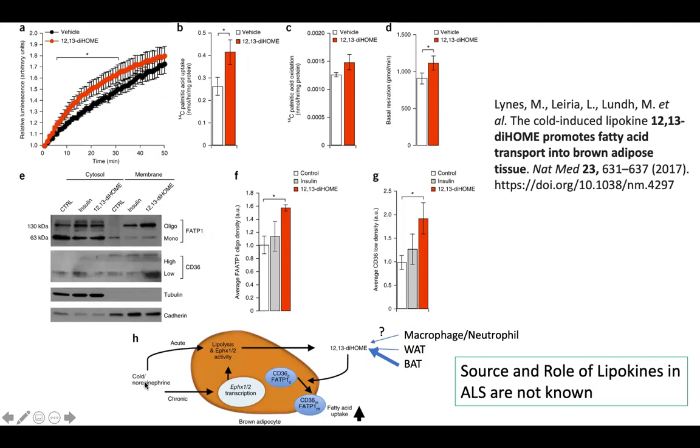If mice are exposed to cold temperature, there is a signal in the hypothalamus that leads to an increase of these lipokines. These lipokines are thermogenic, they enhance the uptake of fatty acids from the blood, and this is important for the thermogenic ability of the brown adipose tissue.